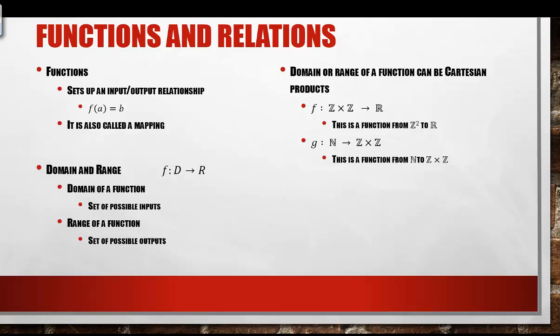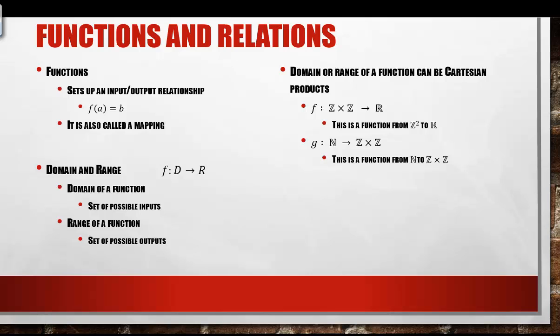So now that we have the definitions of set, sequences, and cross products out of the way, let's talk about the central component of mathematics: functions. A function is an object that sets up an input-output relationship between two entities.